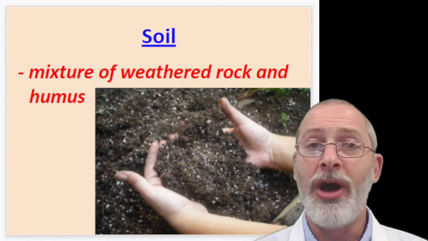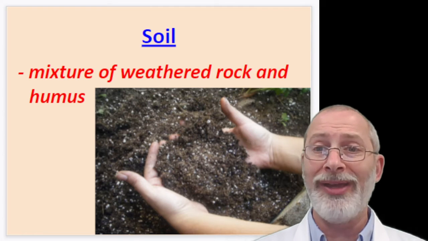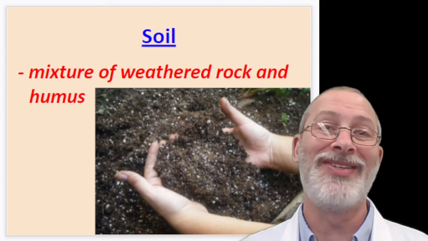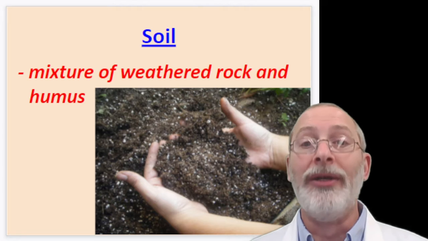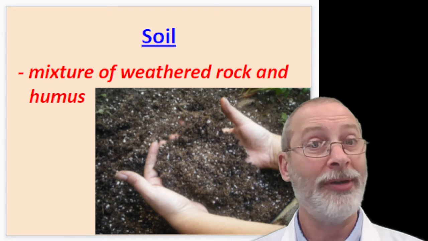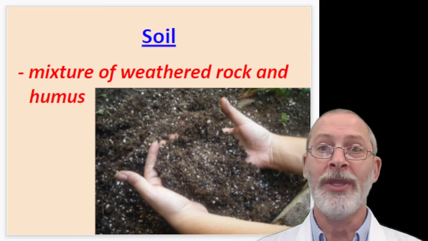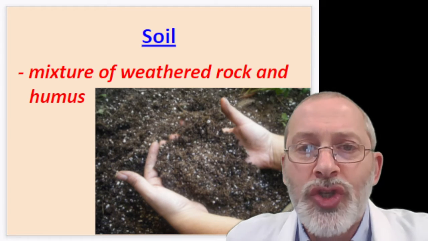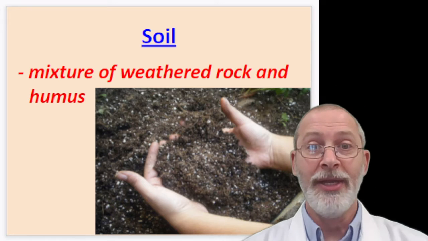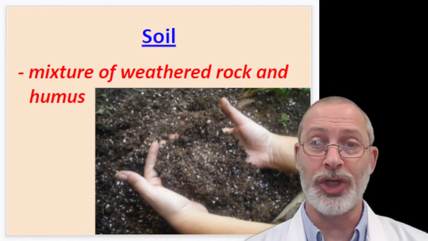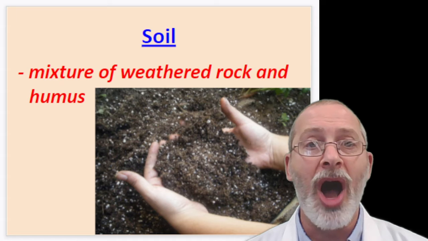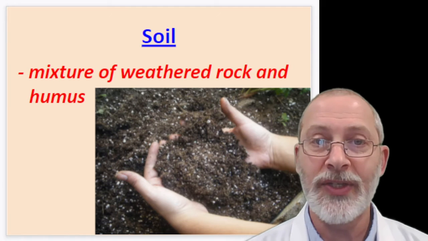Yesterday, we talked briefly about how soil and dirt are not the same thing. Soil is more than just dirt, as we will continue to explore this week. But we can define soil basically as a mixture of weathered rock and humus.